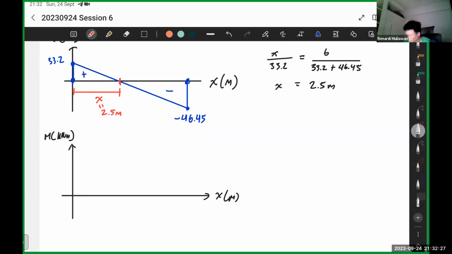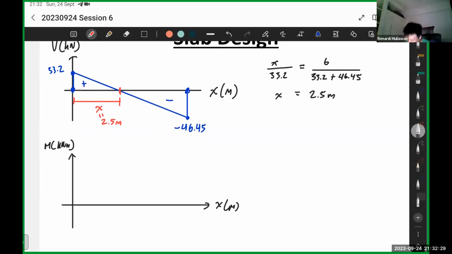Okay, again, let's go back to our bending moment diagram. So in this case, our moment is the area of the triangle, right? So the area of a triangle is half times base times height.